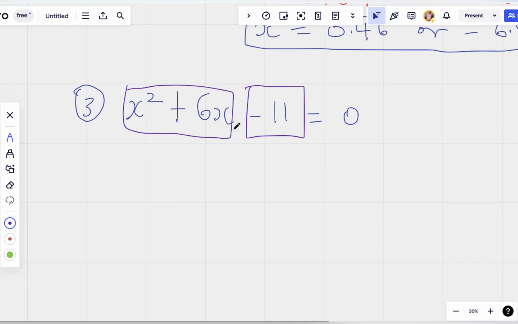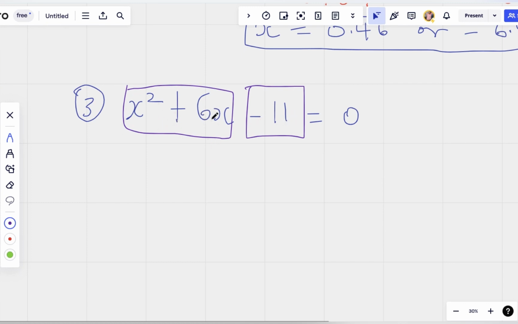If we move the constant straight away to the right, we add to both sides. But if you're solving from the left, both of them on the left, you add and subtract using the coefficient of x.